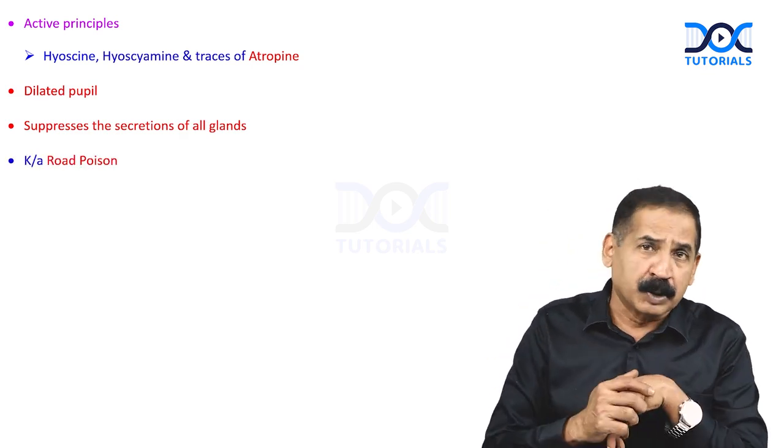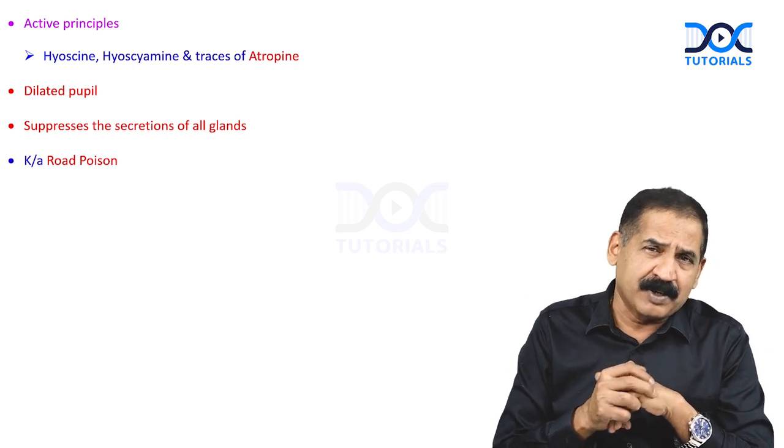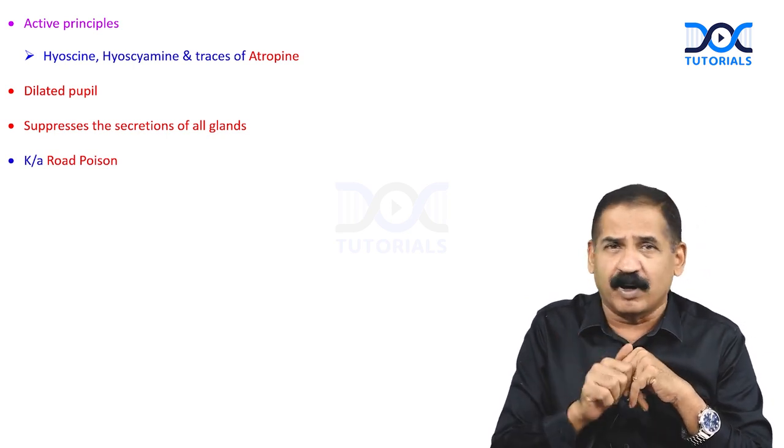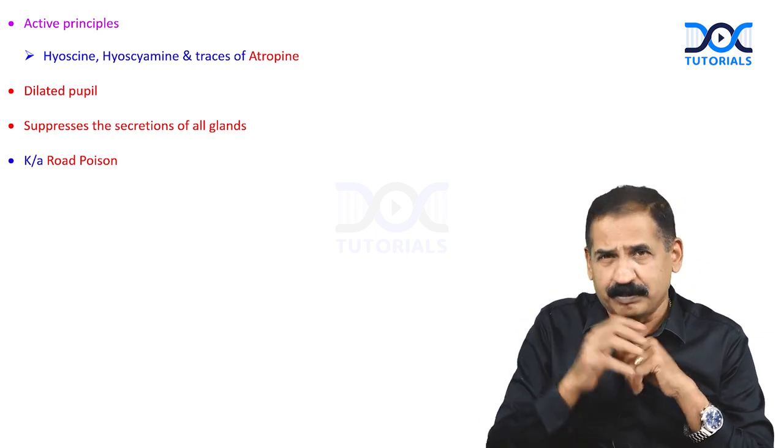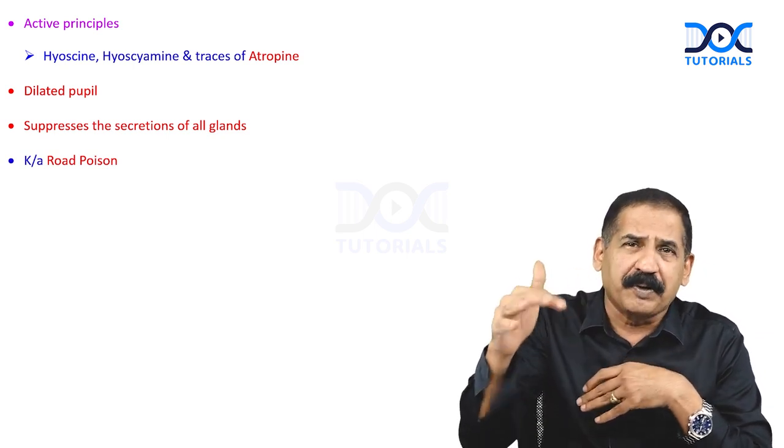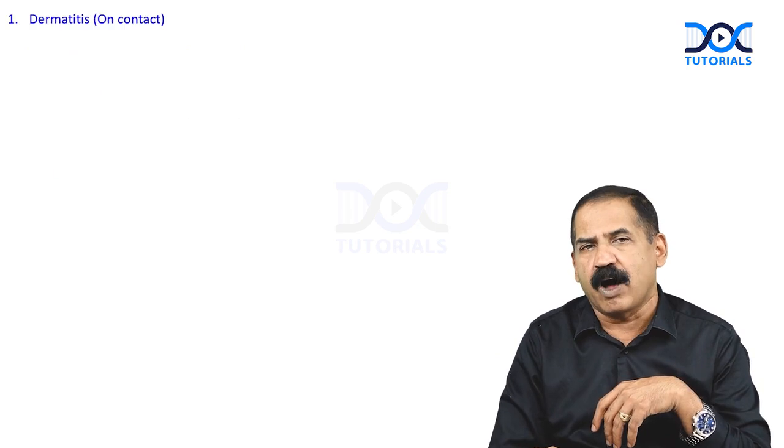It is known as road poison because it is used as a deliriant poison to rob people who are going on long distance journeys.